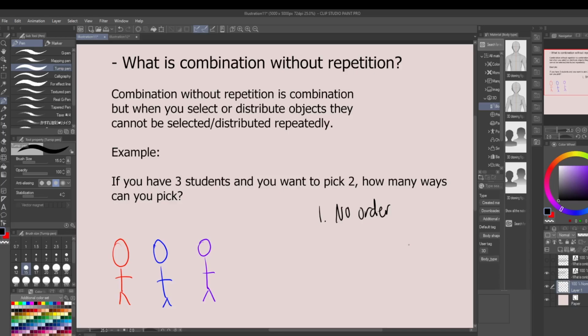We can identify this by looking at what needs to be selected. And since people cannot be repeated, we also know that these people cannot be selected repeatedly. So that is how we can identify whether this is a combination without repetition problem.